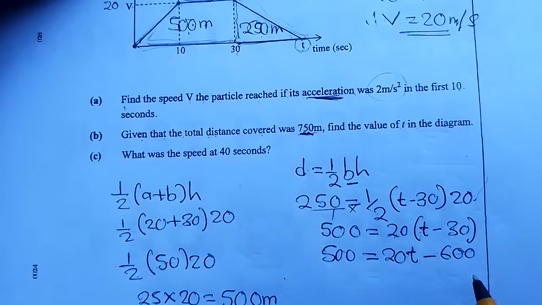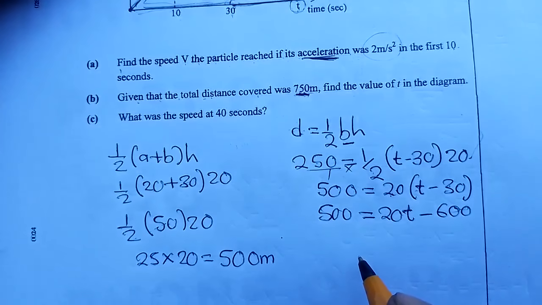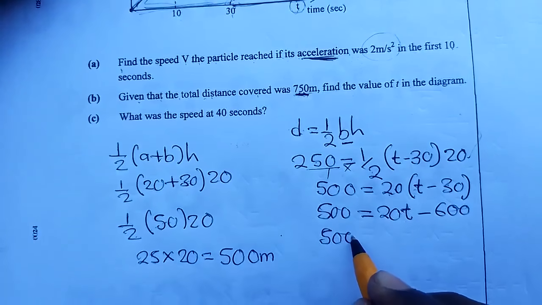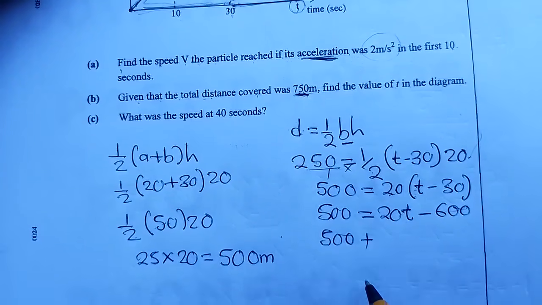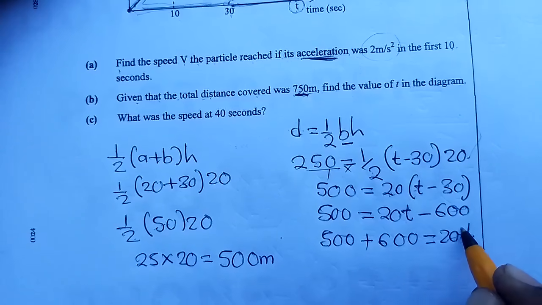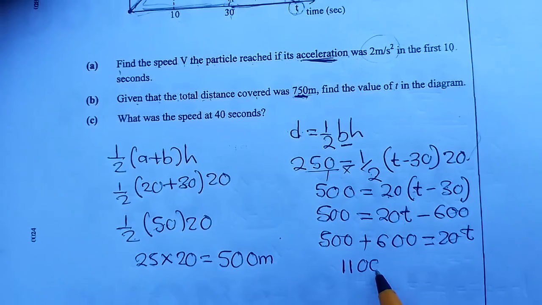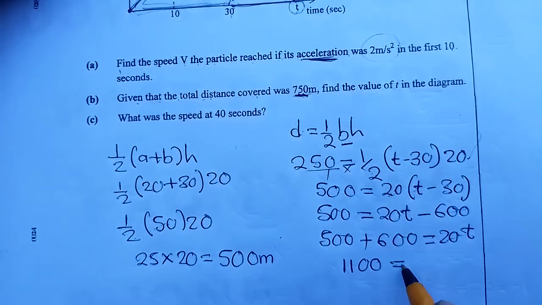You group like terms. How are we going to group the like terms? This is 500. When this one comes this side, it is plus 600, which is equal to 20T. So when you add here, you are going to get 1100, which is equal to 20T.